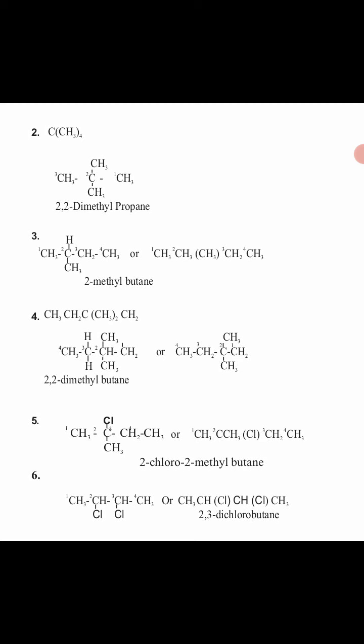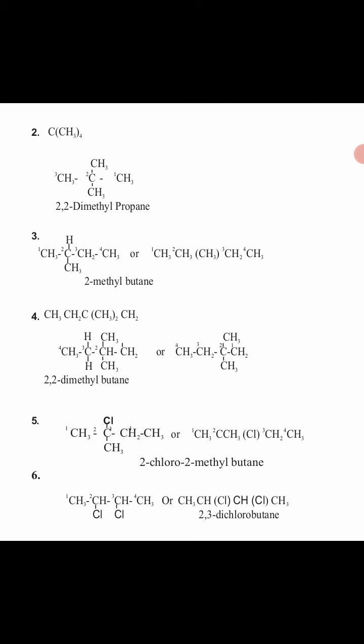We have only two alkyl groups, CH3, CH3. If we go from front to back, they will take number two. If you go from back to front, they will also take number two. So you have 2, 2 dimethyl propane.